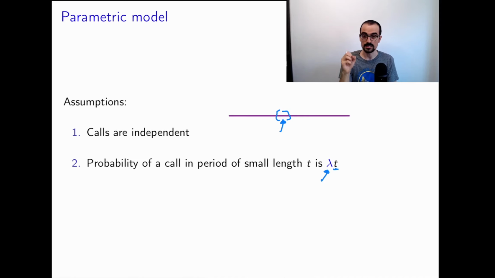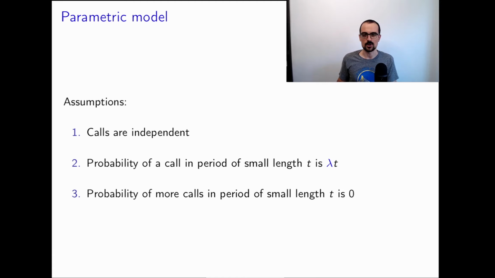So we're going to assume that the probability of a call within this very, very small period is lambda t, and we're also going to assume that the probability of having more than one call within that small interval is 0. So what is the parametric model that we could apply here? If you remember, these are exactly the same assumptions that we made when we derived the Poisson model. This justifies a little bit what I was saying, that Poisson models can be used in very, very different situations. They are often used to model arrival of calls or arrival of packets in a router or arrival of emails.